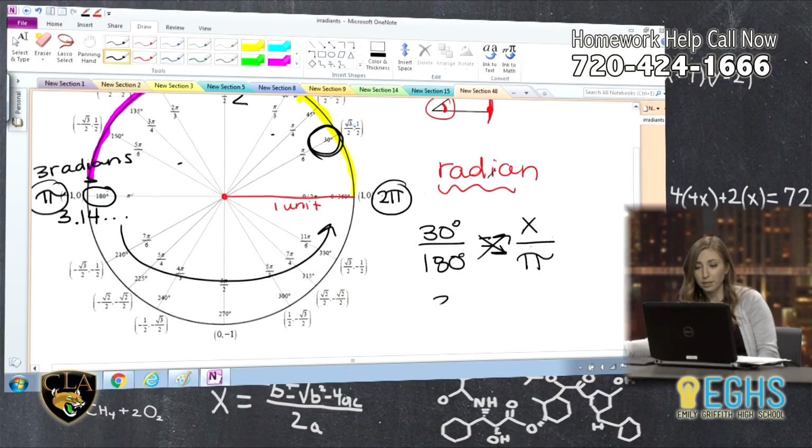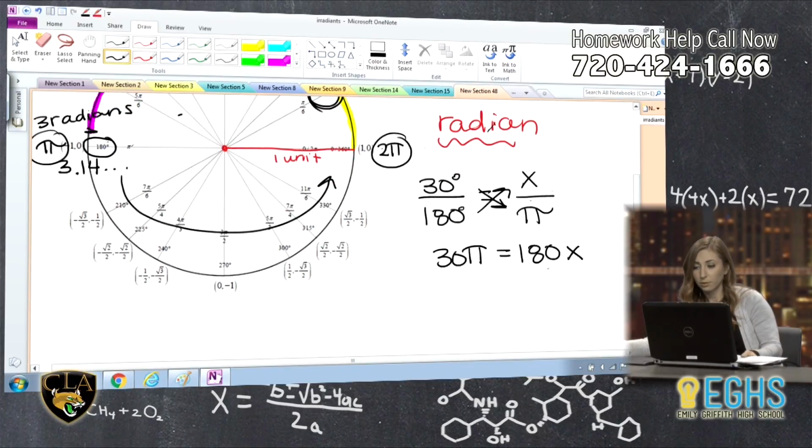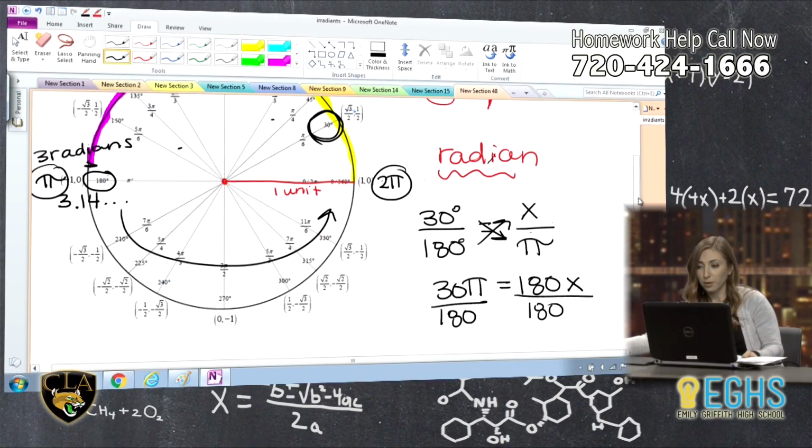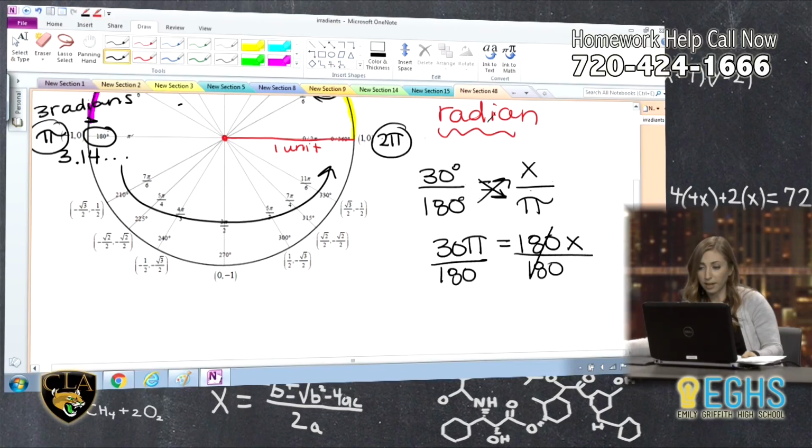We're going to cross multiply. We have 30 times pi is going to be equal to 180 times x. We're going to divide by 180. And what ends up happening if we simplify this fraction is that it's equal to 1/6.